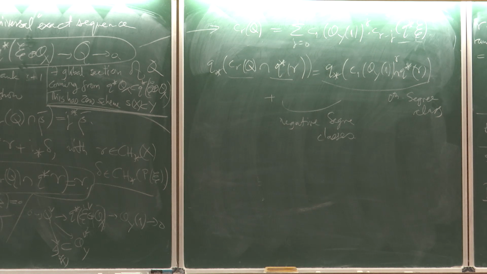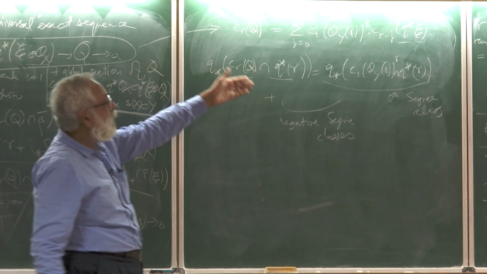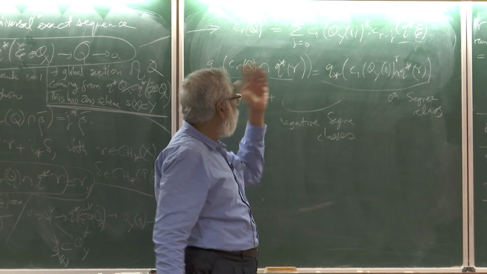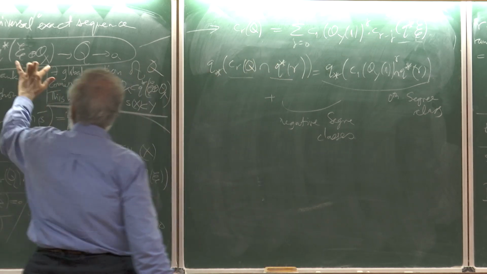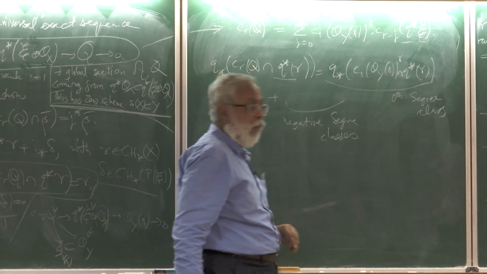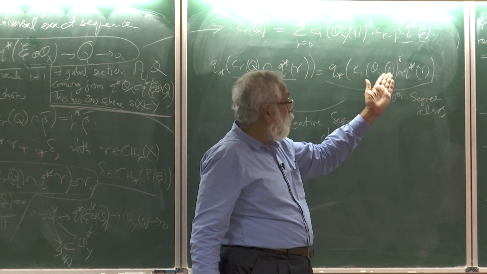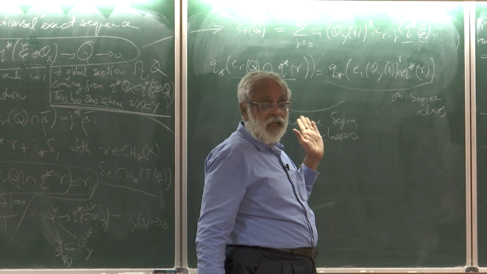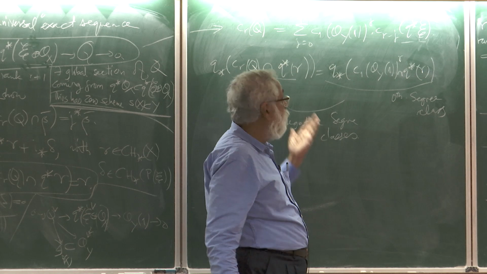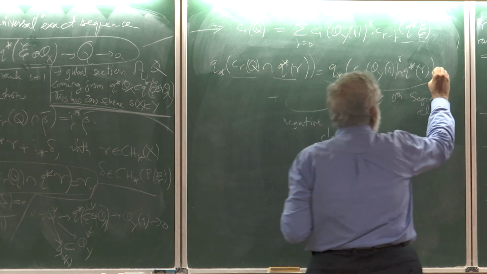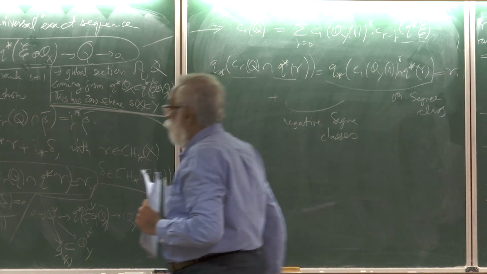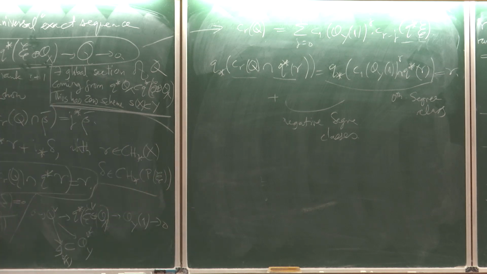Those are the Segre classes of that appropriate vector bundle of which I took the projective bundle. Vector bundle is some whatever, this vector bundle. But we have already proved the 0th Segre class is the identity and negative Segre classes vanish. So that's exactly what I want. This is equal to gamma. That lemma, that result is proved.